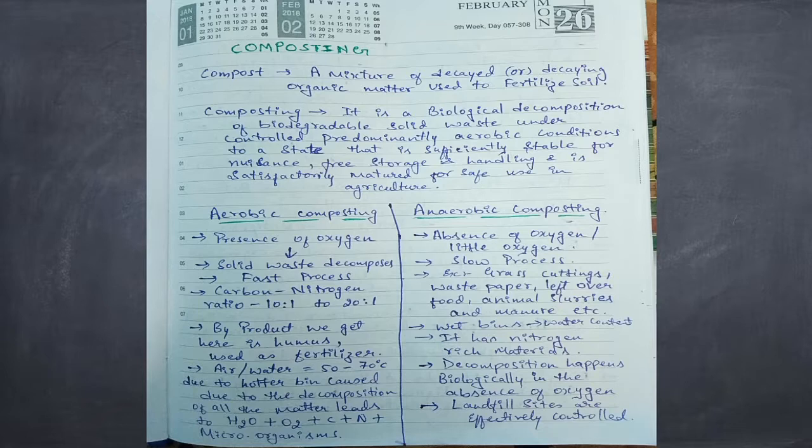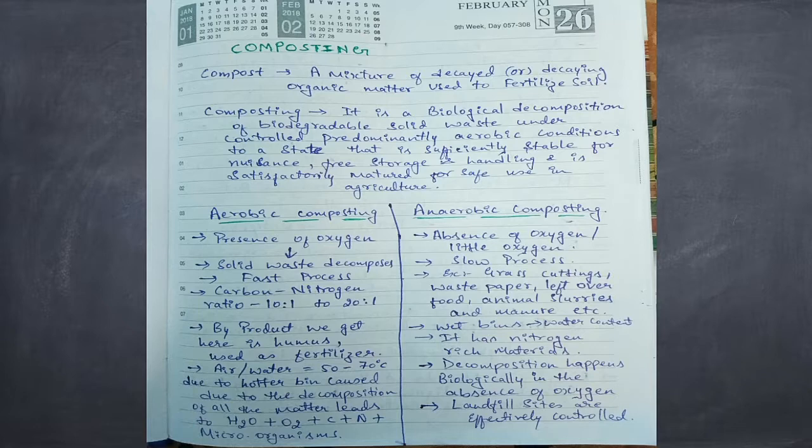Anaerobic is a slow process, and here the carbon nitrogen ratio will be 10:1 to 20:1, and it is nitrogen rich. Examples of anaerobic composting materials are grass cuttings, waste paper, leftover food, animal slurries, etc. After composting, the byproduct we get from aerobic composting is humus, which is used as a fertilizer. In anaerobic, we get biogas as a byproduct.